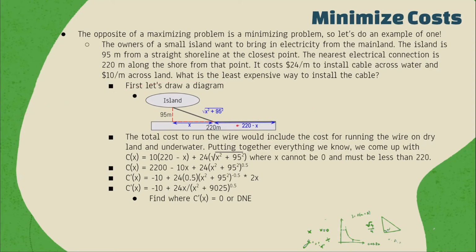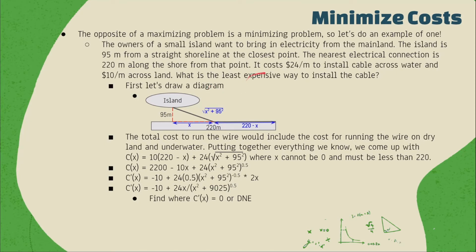So this is the proposed plan we've created. First of all, let's define this as x. The reason we're defining this as x is so that we could express the length of the wire that's going across the water in terms of x as well. If we were to do it the other way around, so we put 220 minus x here, this would be 220 minus x squared, which would make a much more complex equation.